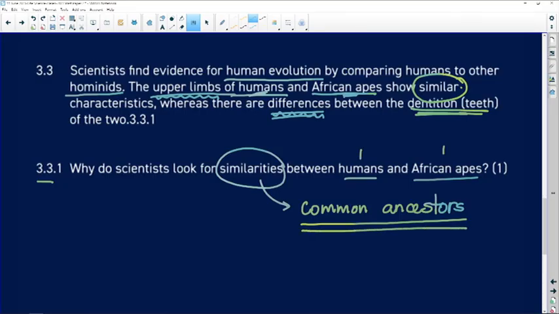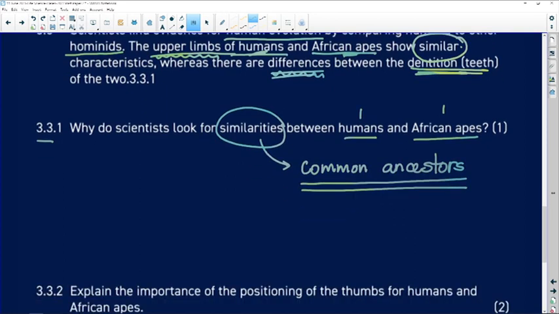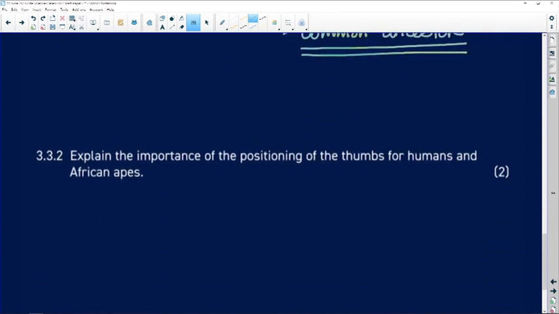And that indicates to scientists that the common ancestor of the modern African apes and humans probably also had opposable thumbs. So why do we look for similarities? Because we want to establish whether modern humans and African apes have common ancestors.